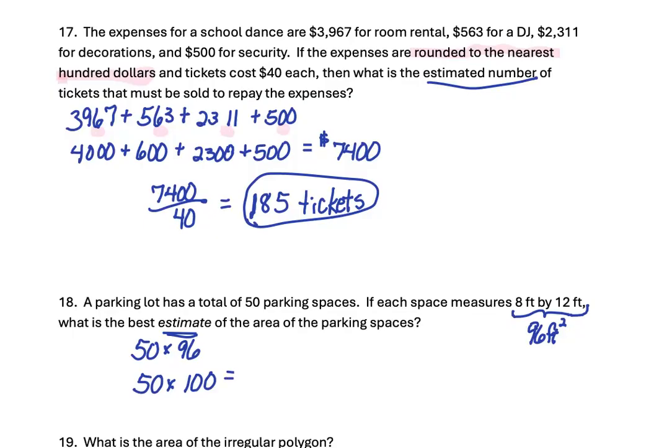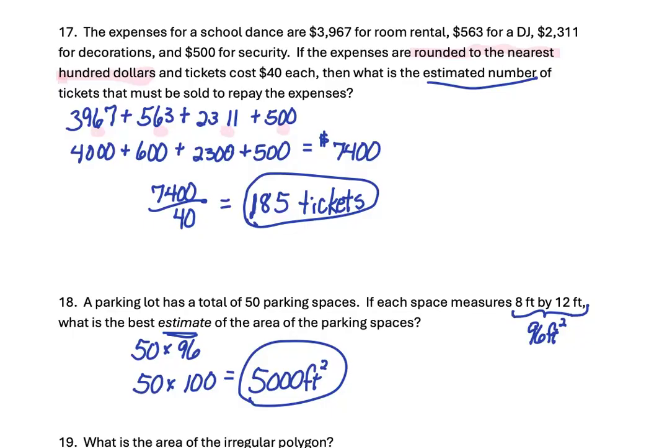So 50 times 100 is about 5,000 square feet. One main reason we use estimation is because it allows us to do the math in our head. It's pretty easy to multiply 50 times 100 instead of 50 times 96. But that's our estimate. Our estimate is 5,000 square feet.